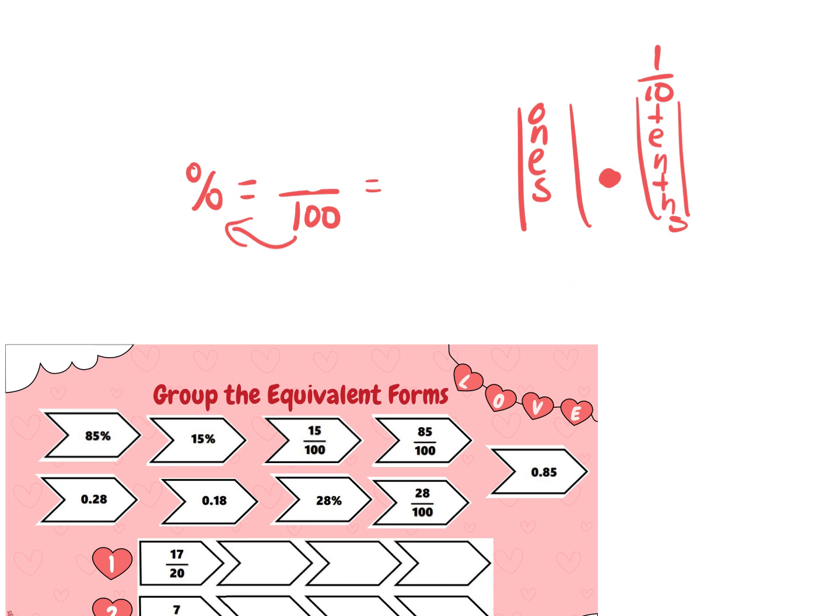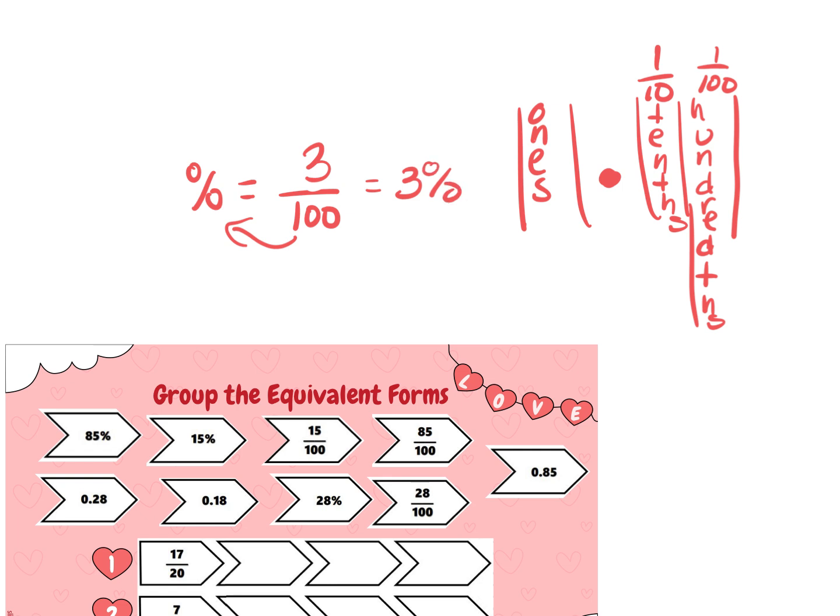But after the tenths place, we have the hundredths, which means any fraction that's out of 100 in my denominator, I can write there. So here where I had 3 out of 100 and I said it was 3%, that means I can write 3 in the hundredths place.